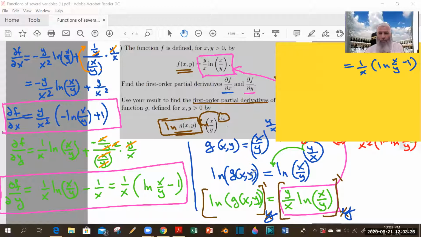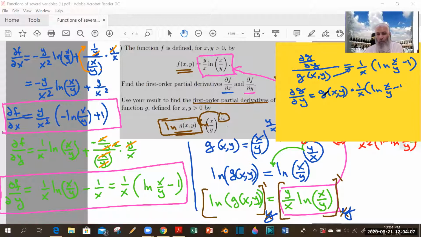This side, what is the derivative of this side with respect to y? The derivative of ln is 1 over what is in the bracket, multiplied by the derivative of the function with respect to y. So we will take this to the other side in the numerator. So dg over dy equals g of x, y multiplied by 1 over x, ln x over y minus 1, right? What is g of x, y? It is here.